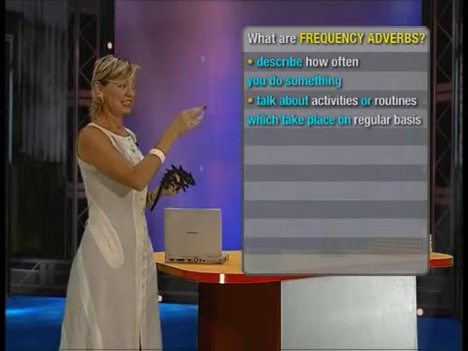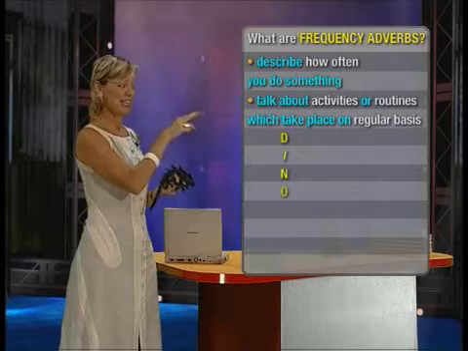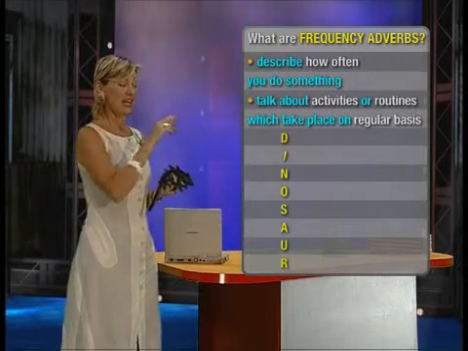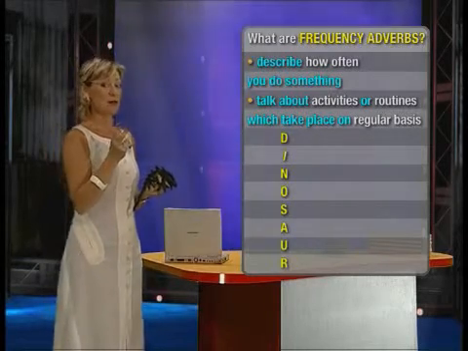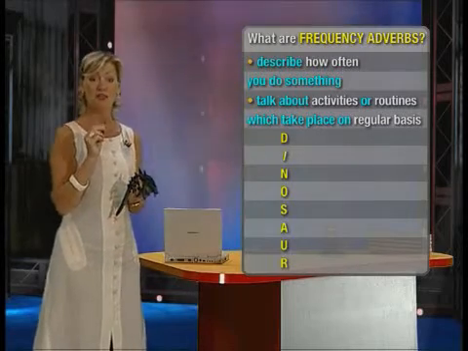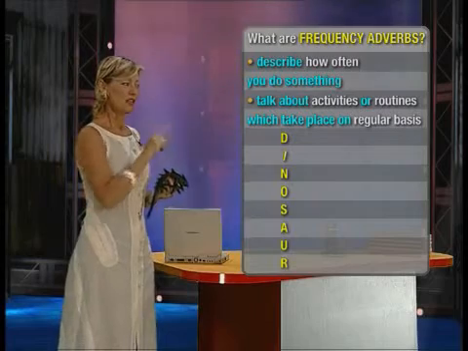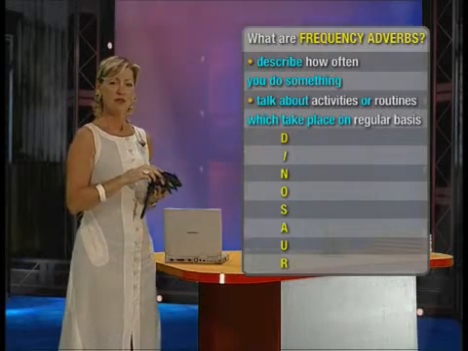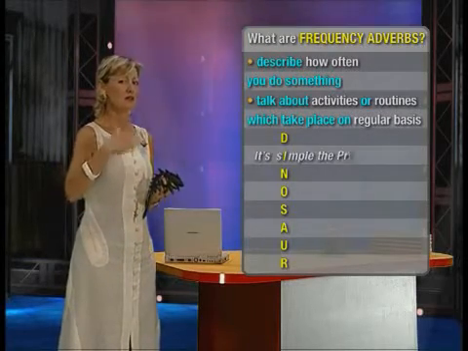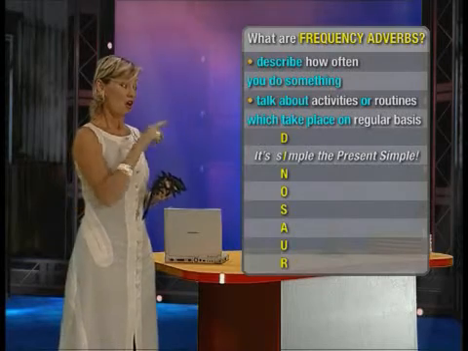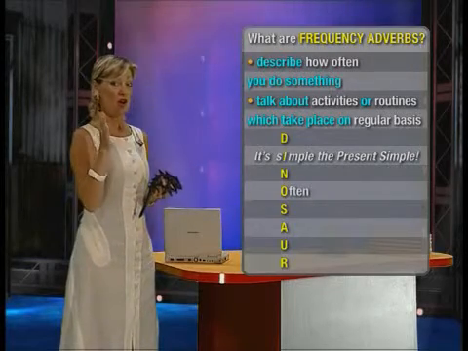Dinosaur. Look at the screen. We have D-I-N-O-S-A-U-R. Now, these letters represent a frequency adverb. Let's see if you can find them. What do you think O is? When you do something a lot. Yeah, often. O is often.